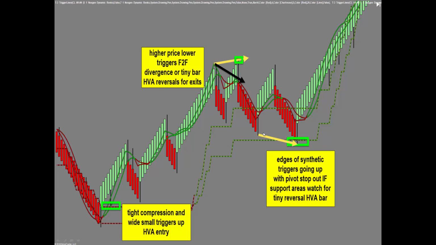Then you're also going to see the edges of your synthetic triggers. So even though the market made a lower low, we're still inside and small triggers are still above the bottom of our synthetic triggers. And again, you guys are going to hear the term a lot: pivot stop out at Fibonacci support, and we take long trades.